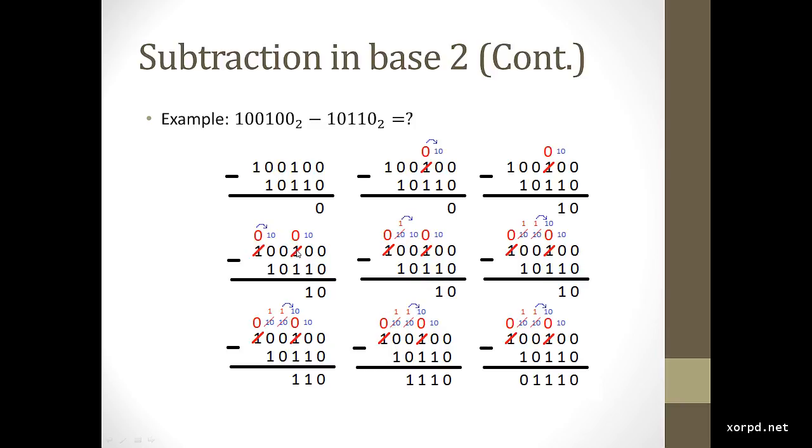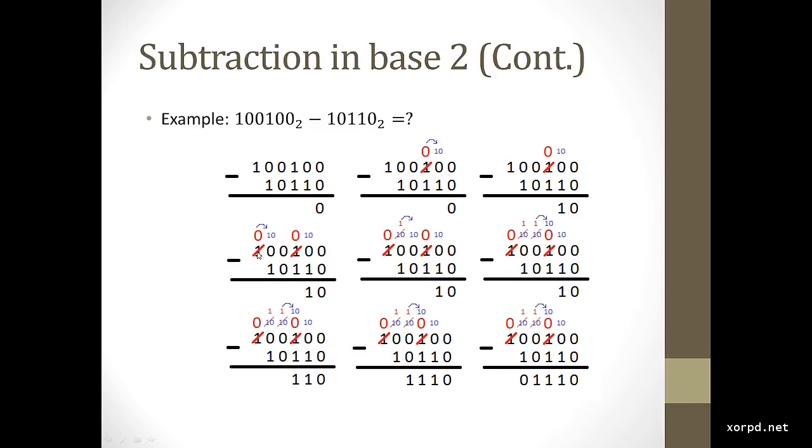Next, we want to subtract this pair, which is 0 minus 1. And we cannot do it because 1 is greater than 0. So we have to borrow again. We borrow from this digit.